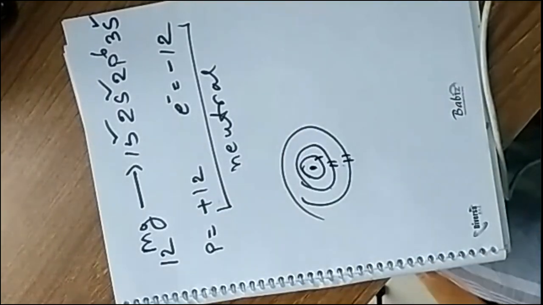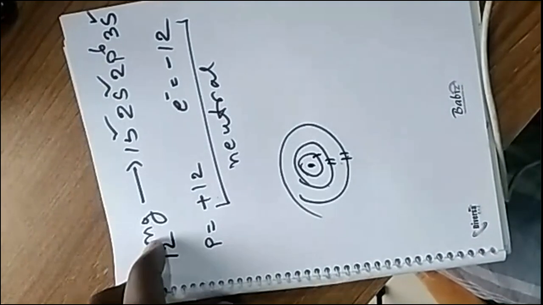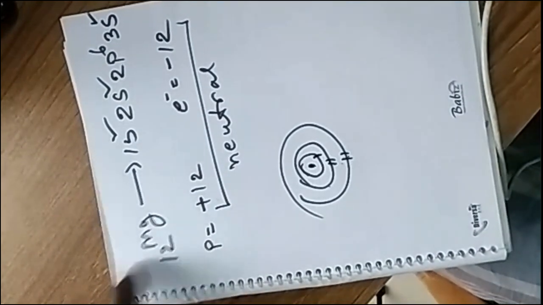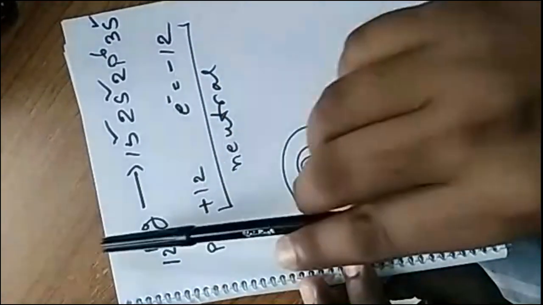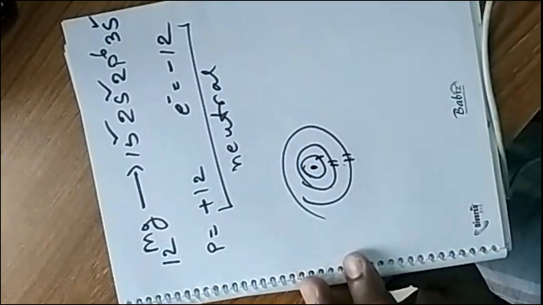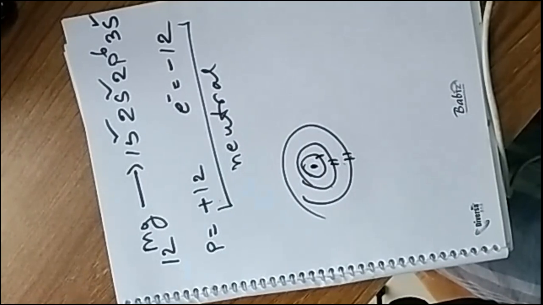If the number of protons and number of electrons are the same, then the element will be neutral. In case of a neutral element, we don't write any charge here. Is it clear to you? Yes, sir. So I am going to my screen share again.